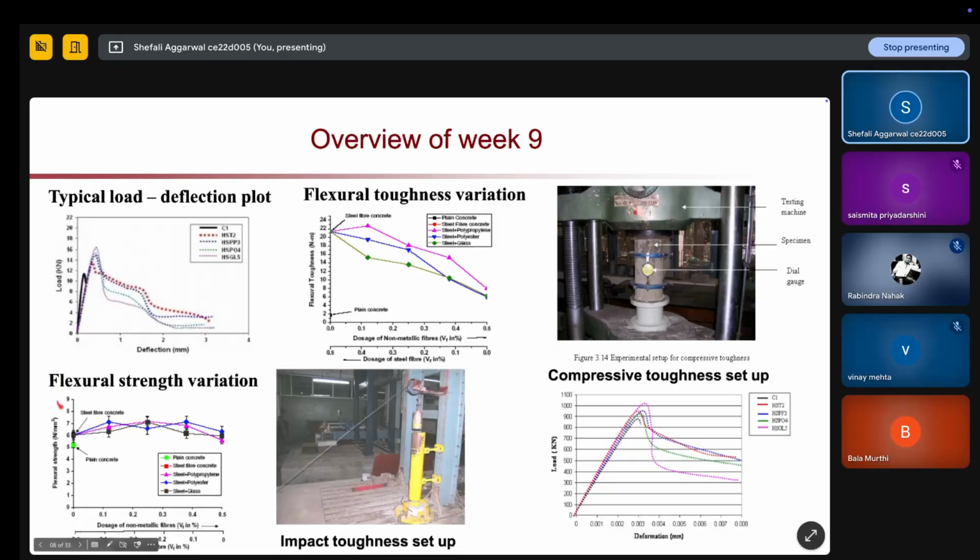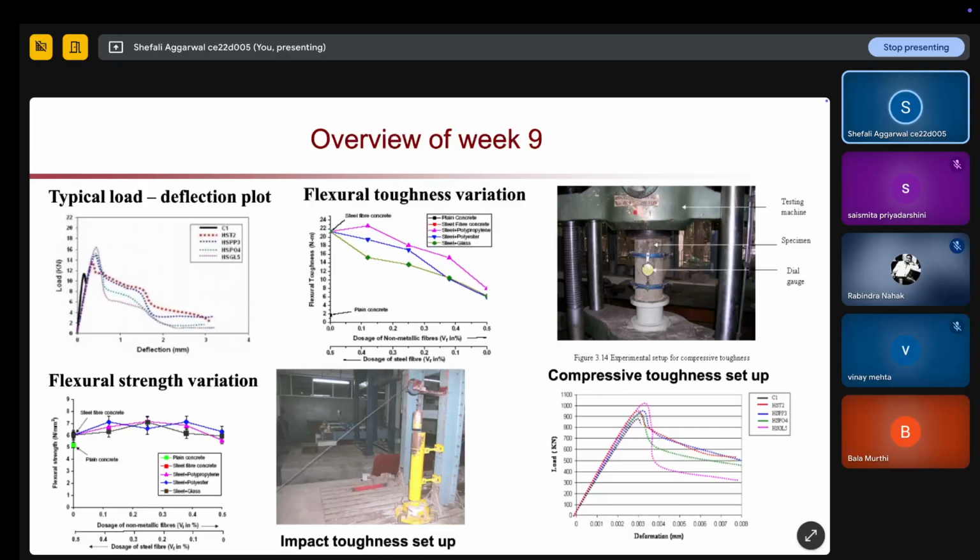Other thing is your flexure strength variation, so strength versus dosage of fibers. Dosage of non-metallic fiber and dosage of steel fibers, increasing and decreasing in a way.